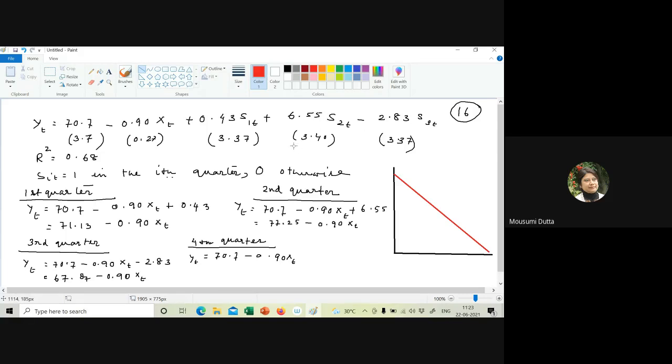It is followed by the first quarter, 71. It is followed by the fourth, very close.